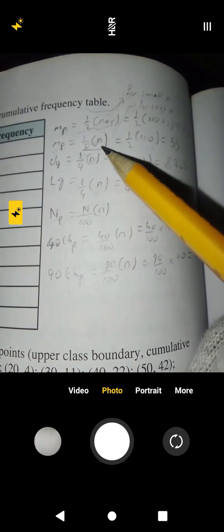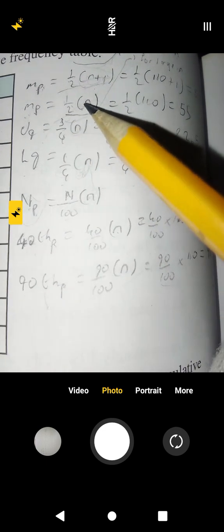So it becomes pretty simple if n is large. It's half times n, which in this case is half times 110, which is 55, like we've seen before. So because n is large, we'll use n from now on.